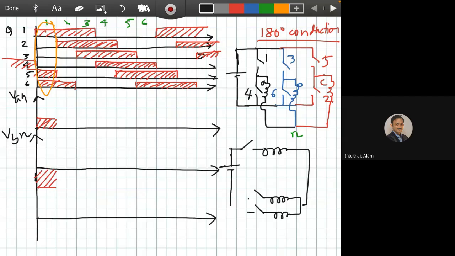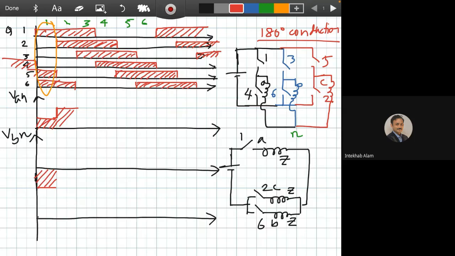So 2 is with C, 6 with B, 1 with A. Can you understand the mode circuit? So all these loads are Z equals Z. If they are the same, then VAN will be 2/3 of V in.